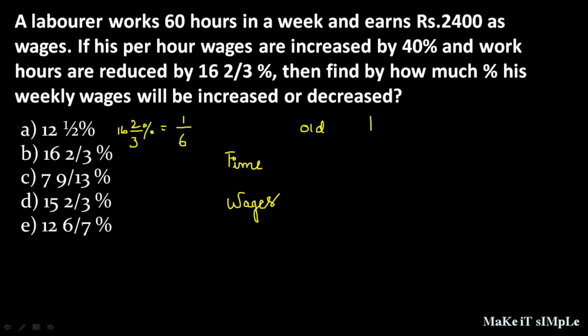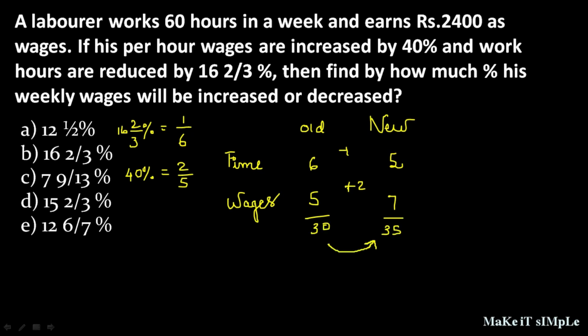So old value and new value: 6 units reduced by 1 unit, so it is 5. Then wages is 40%. This 40% is nothing but 2/5. So actually 5 units increased by 2, so 7 units. So it is here 30 and here 35. From 30 it is increased to 35. So there is a change of 5 units.